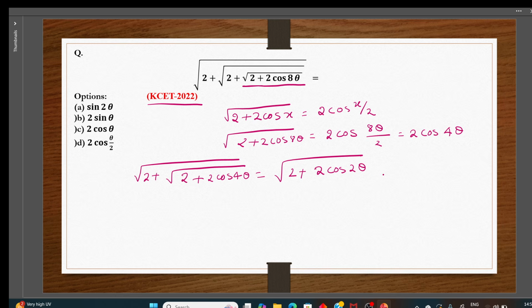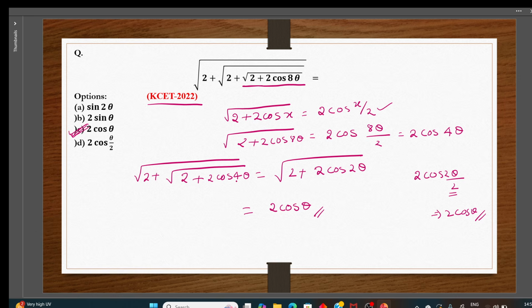Applying the identity again, square root of 2 plus 2 cos theta is 2 cos theta by 2, and we get 2 cos theta as the answer. What is the answer here? 2 cos theta is the final answer.